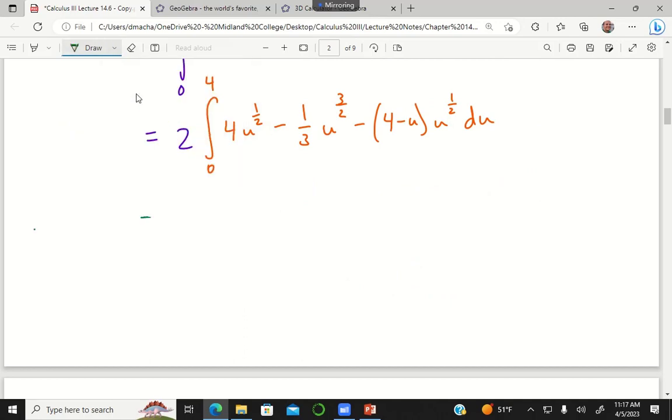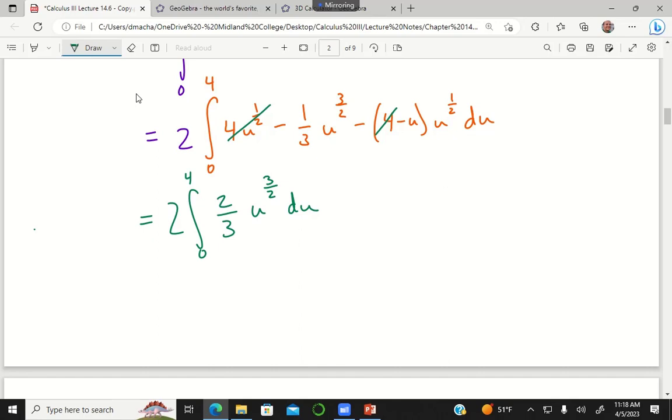Okay. So having done this u sub, I'm going to simplify this even further because there are some like terms I can collect. I've got a 4 root of u and a minus 4 root of u, so actually the roots of u go away there. And then I've got minus 1/3 u to the 3/2 power, and then plus u to the 3/2 power. So that's going to be 2/3 u to the 3/2 power. Check my work, did I do that right?